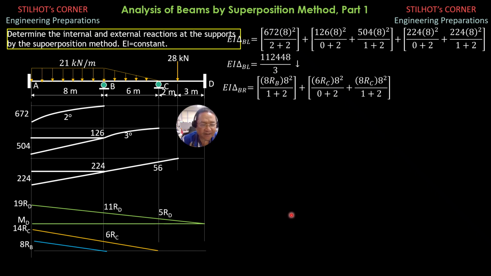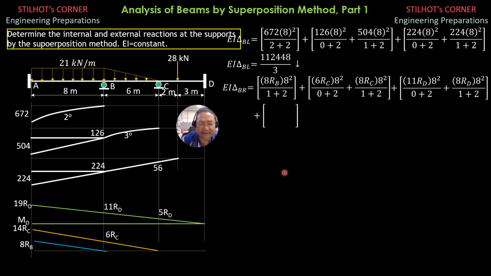Then for the reaction at D, we have for the couple 11RD, 8 squared over 0 plus 2. And for this 19 minus 11, 8RD moment, then length 8 squared over first degree plus 2.